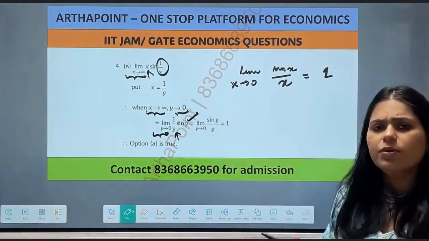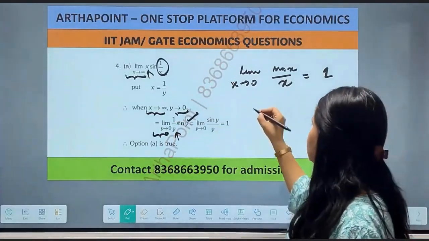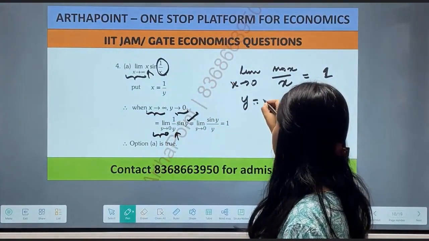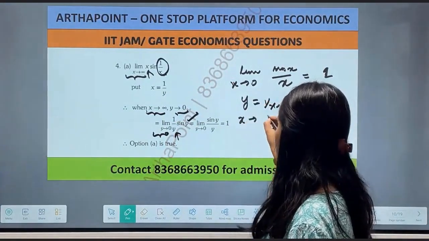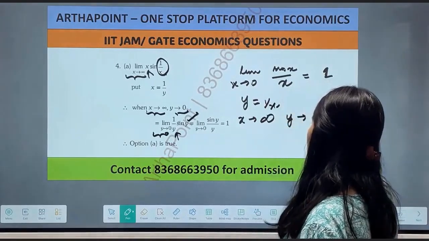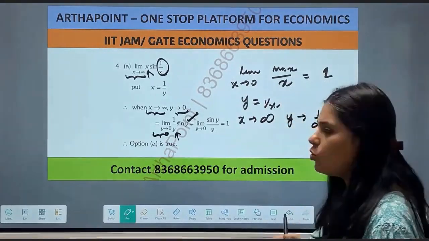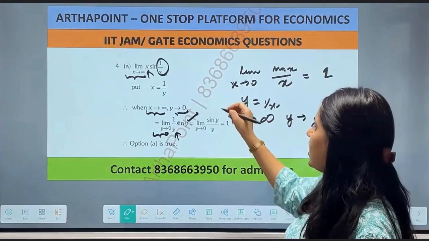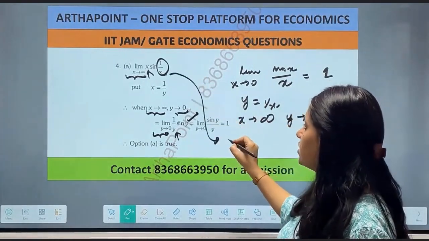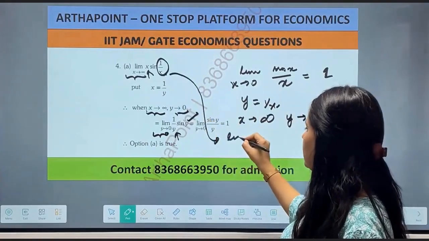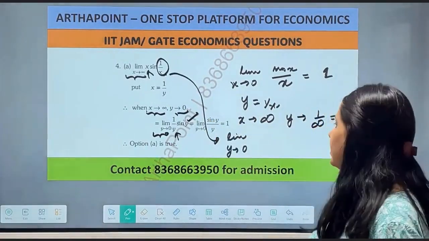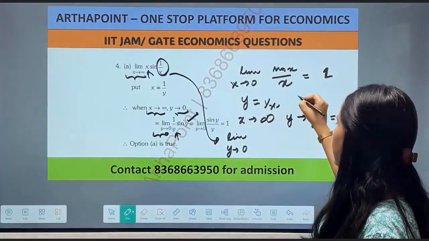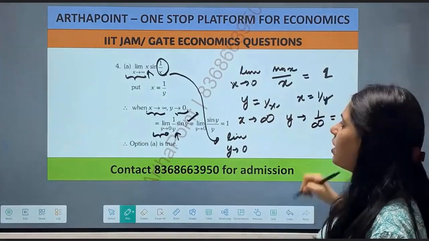So I do a bit of manipulation. I say that okay, let y be 1 by x. So if x goes to infinity, then y will go to 1 by infinity, that means 0. So now I have been able to convert this, that when x goes to infinity, y must have been going to 0. And if y is 1 by x, x must have been 1 by y.